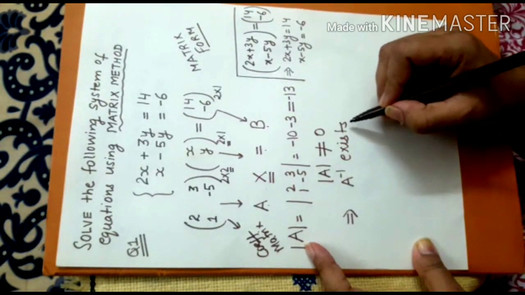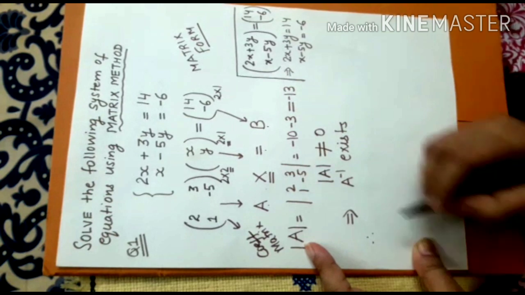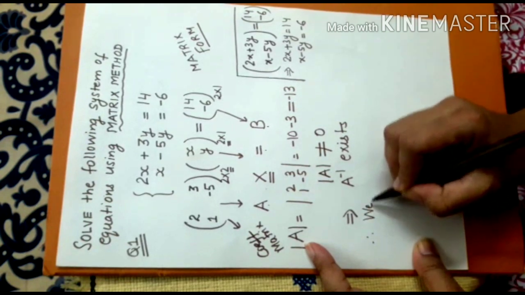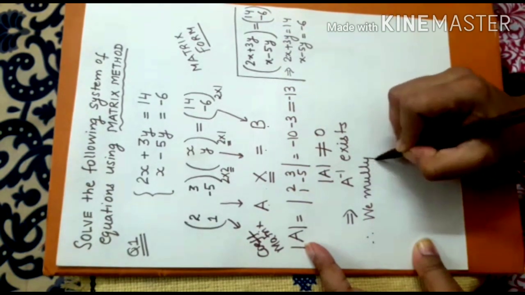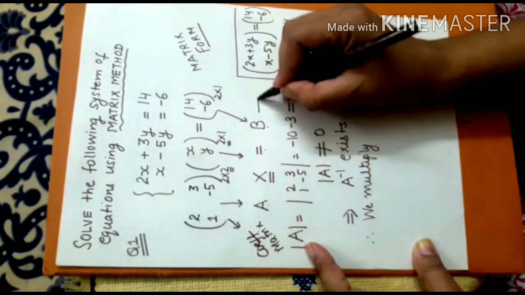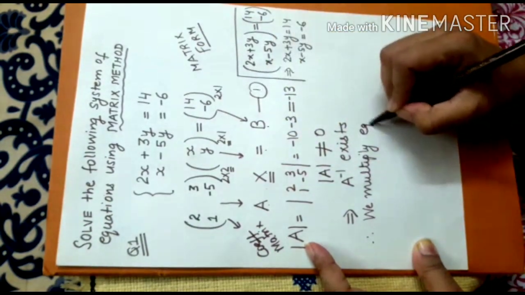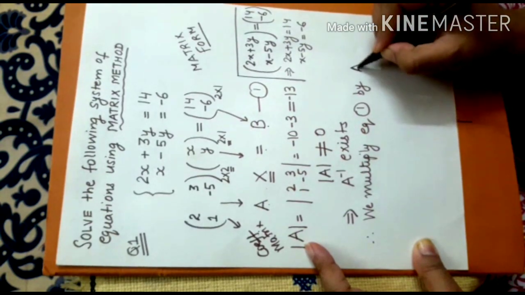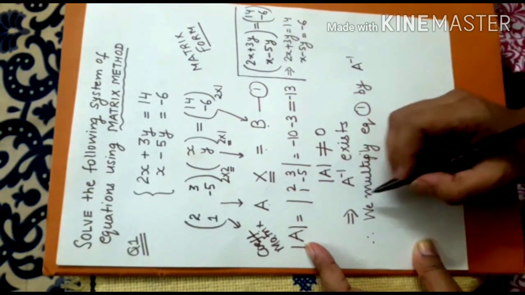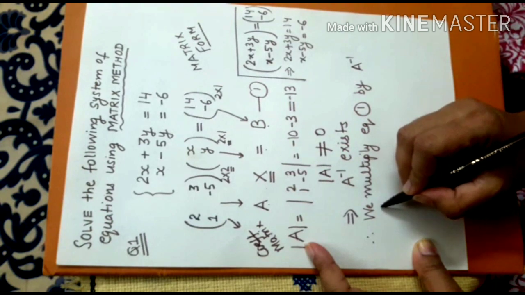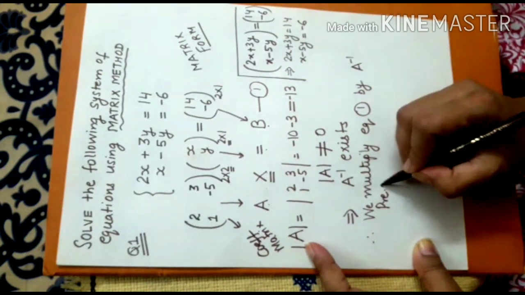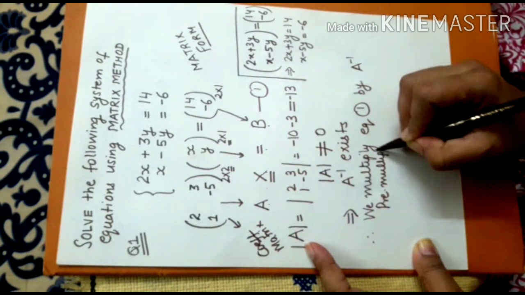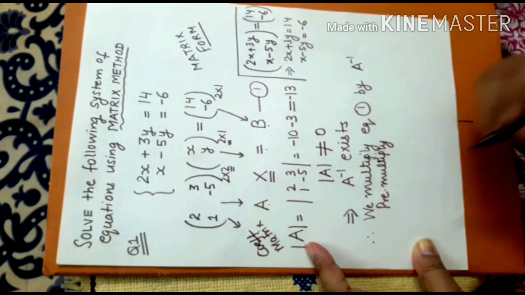Now A inverse exists, so therefore we multiply equation 1 by A inverse, and we write this as pre-multiply. Order is important.